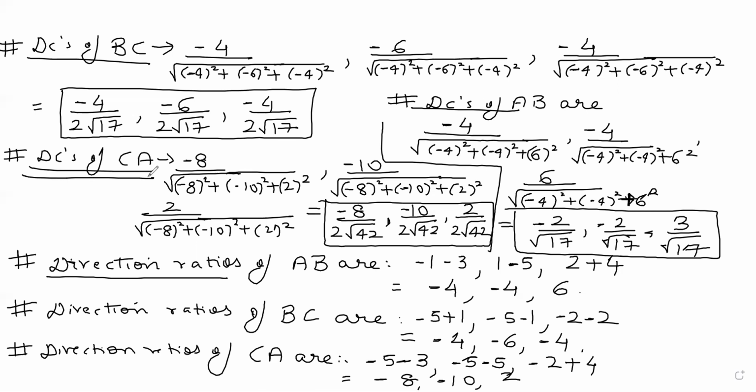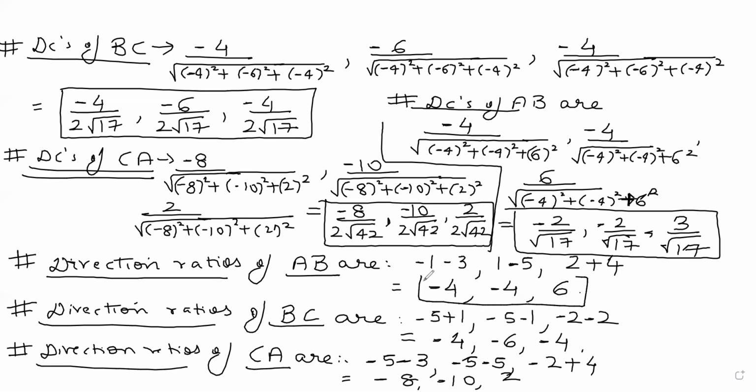So I hope students have understood the solution for question 5. We were given 3 vertices of a triangle. First of all, we found the direction ratios of AB, direction ratios of BC, direction ratios of CA. Then students know how to find direction cosines from direction ratios.